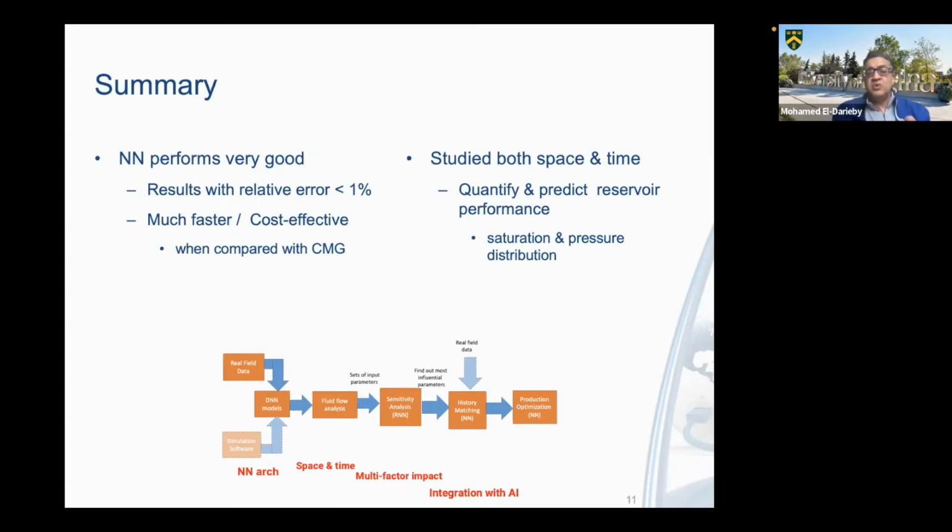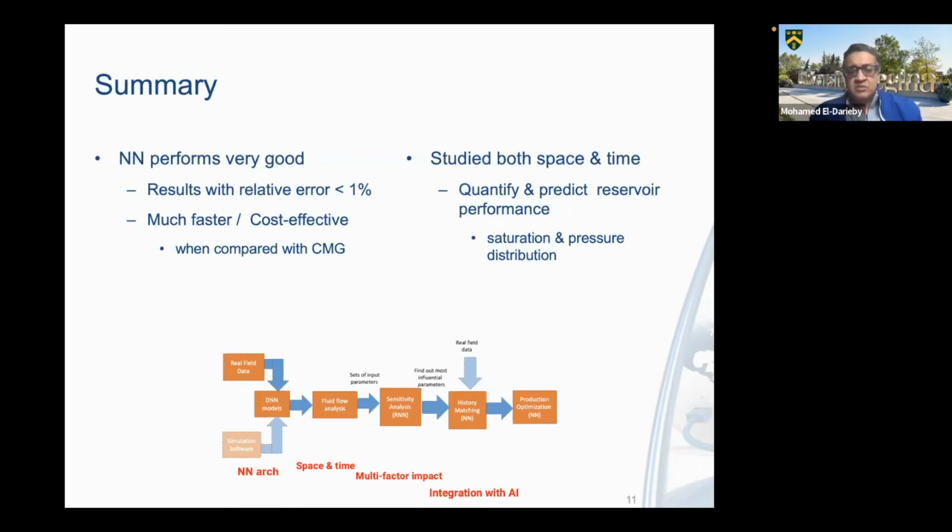And ultimately, we were happy with getting results that are very accurate, with relative error less than 1% when compared to the results that you would get from the CMG simulator. But we had a much faster performance. And we think really this is going to be way more cost effective when it's taken to the real world with real reservoirs and with real data sets.